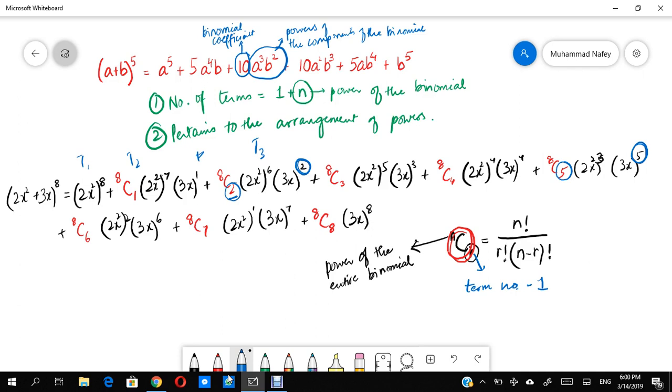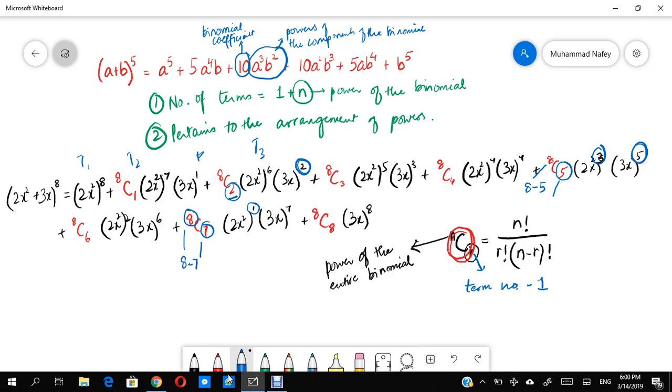So what about the first component of the binomial? Now let's take a look here. The power is 3. What's the relationship between n and r and 3? And it's very simple. 8 take away 5 is equal to 3. Let's move on here. What's the relationship between 1, 8 and 7? That's right, 8 take away 7 is equal to 1.